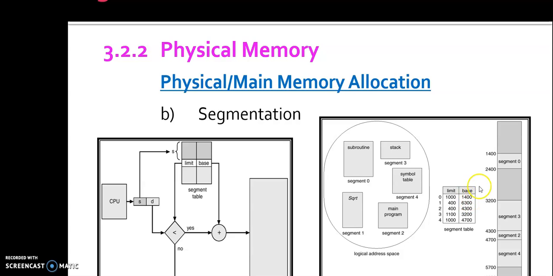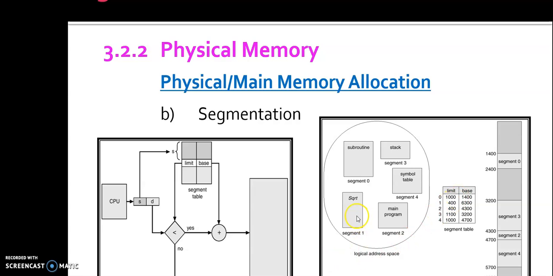So the base address is 1400, which refers to this, and the limit is 1000. So 1000 plus 1400 becomes 2400. Why do you have the limit? Because this segment size is limited to 1000. It cannot go more than 1000, less, yes.